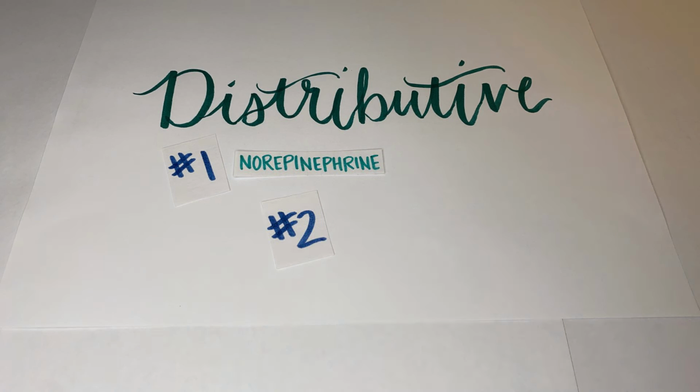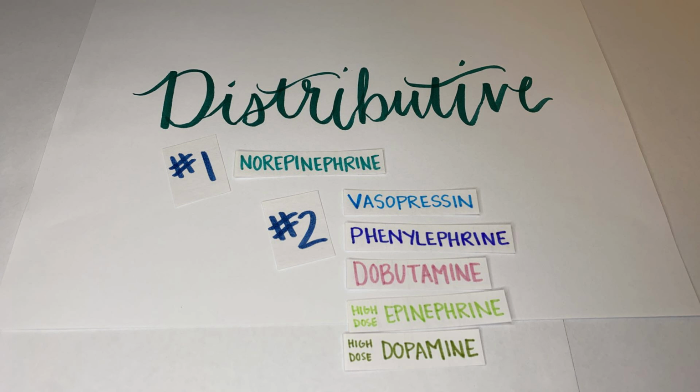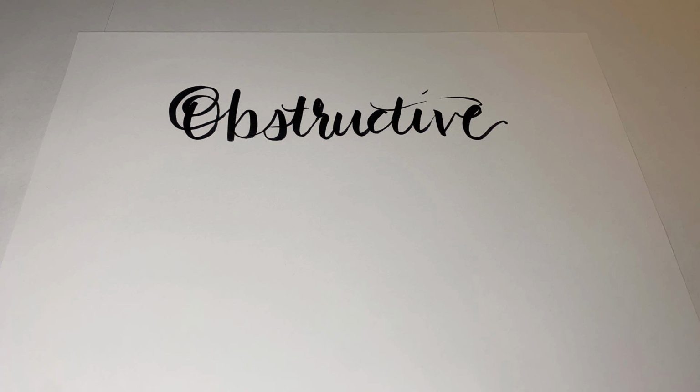If norepi does not sufficiently improve blood pressure, second-line vasopressors include vasopressin and high-dose epinephrine, which can be added. Phenylephrine can also be used if norepinephrine triggers tachyarrhythmias. Dobutamine is indicated in distributive shock with concomitant cardiac dysfunction. Dopamine should only be used if there is relative bradycardia and low risk of tachycardia.